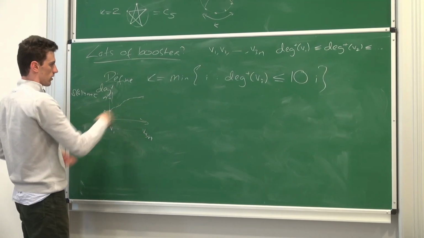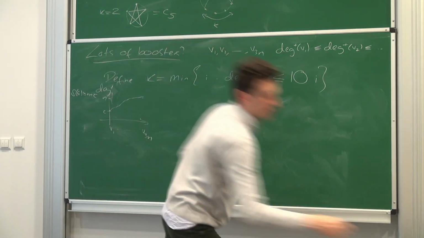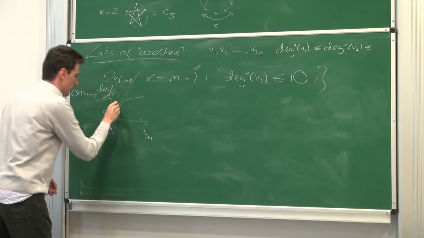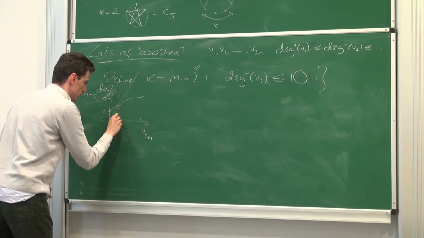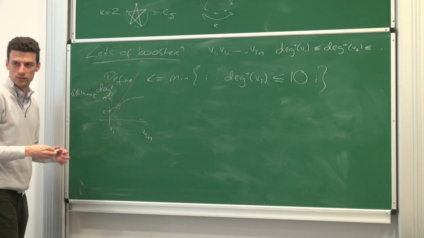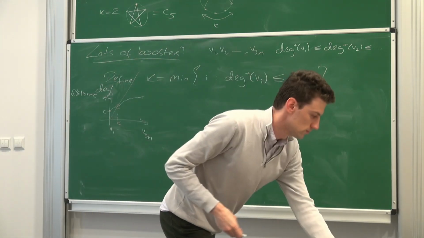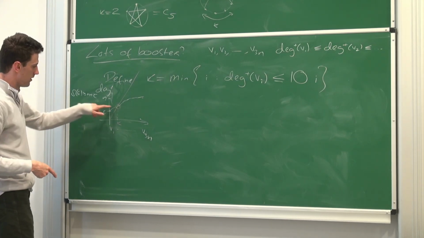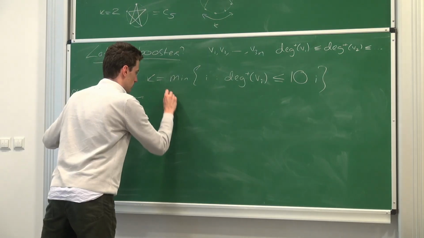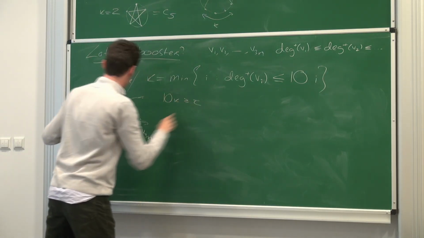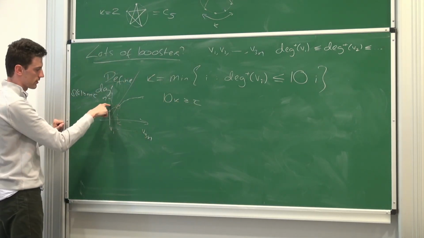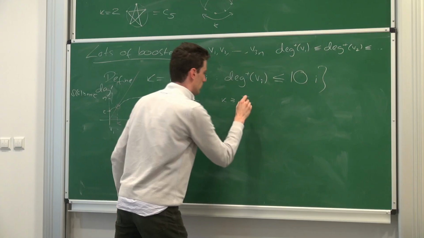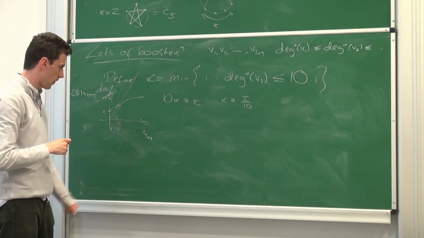So this is what this looks like. If you plot 10 times the label, it'll shoot through here, and this is your vertex VK. So notice, one thing to notice, K is more than tau, just because 10K is the height here, so that's at least tau. So K is pretty big, comparable to tau.